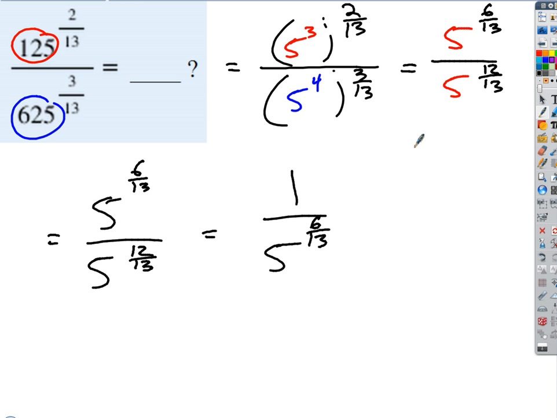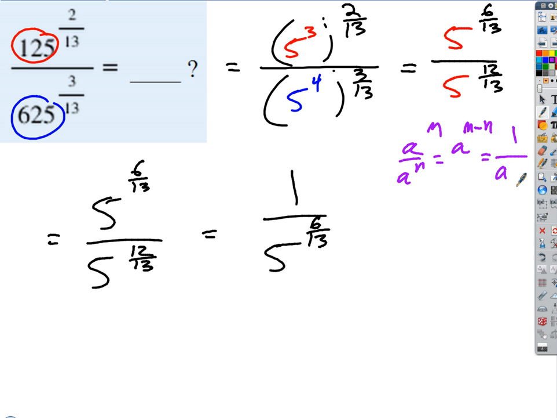This is just an application of the rule a to the m over a to the n. If m is bigger than n, remember we keep the base on the top and write it to the m minus n. But if n is bigger than m, it's easier to just keep the base on the bottom and subtract the top exponent.